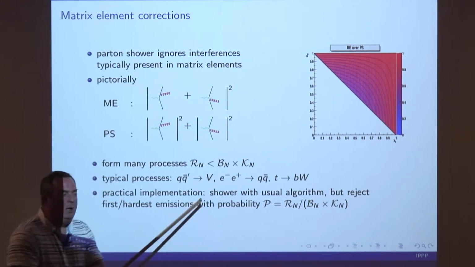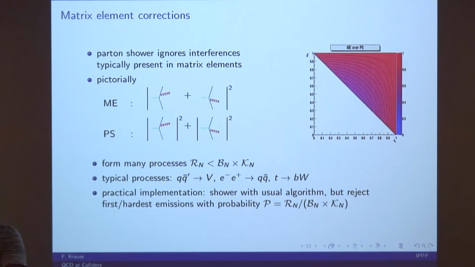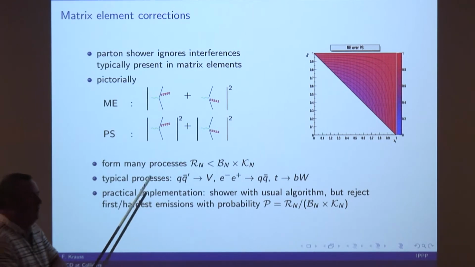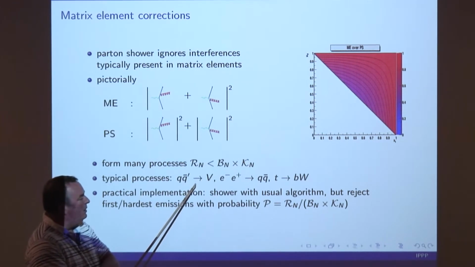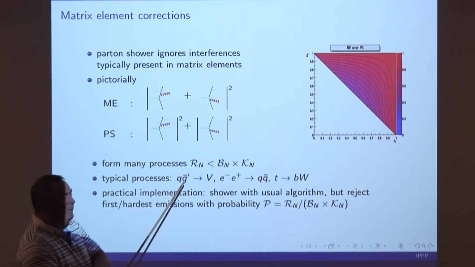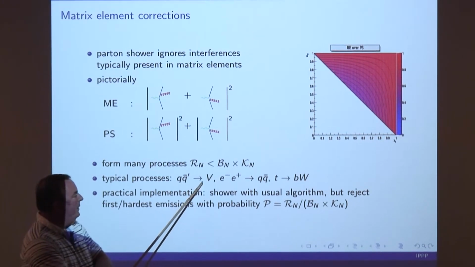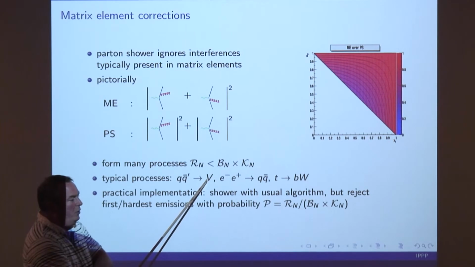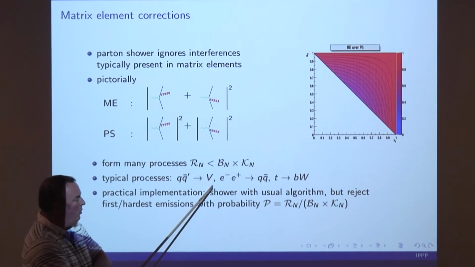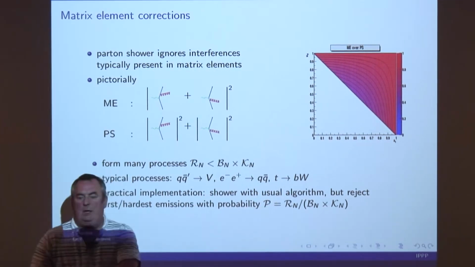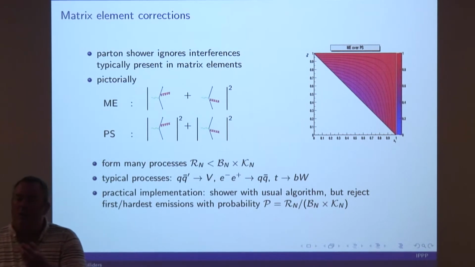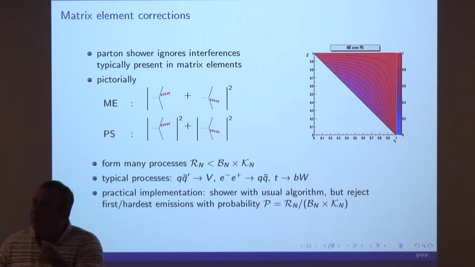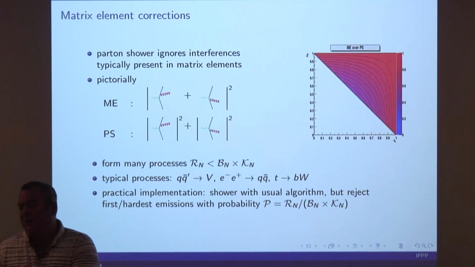And at about 1995, the Herwig and Pythia authors realized that for typical processes like quarks going to gauge boson or gauge boson going to quarks, or top decay into bW, this holds true. The real emission matrix element is always smaller than Born times kernel if you do it right.